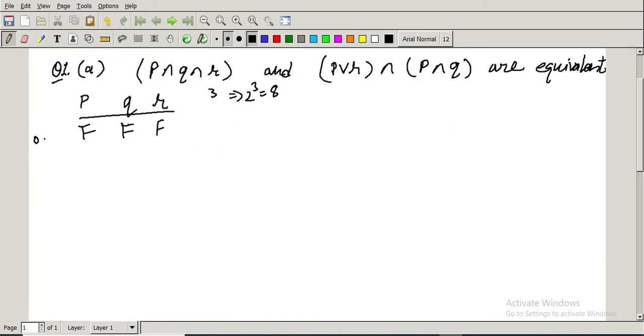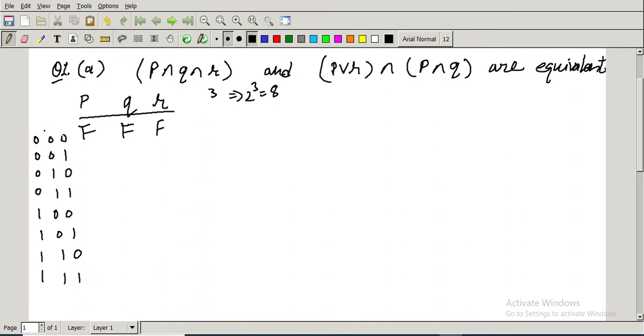Let 0 0 0, because 0 denotes false and 1 denotes true. So 0 0 1. You don't need to remember false and true, but you have to remember this series: 0 0 0, 0 0 1, then 0 1 0, then 0 1 1, then 1 0 0, 1 0 1, 1 1 0, and then 1 1 1.